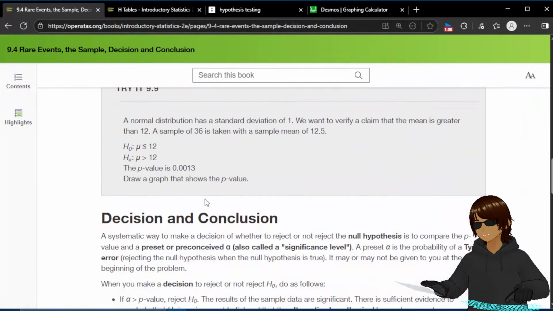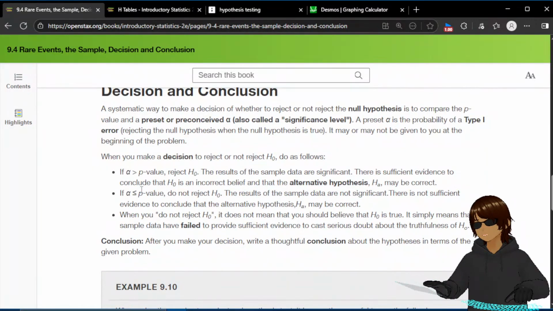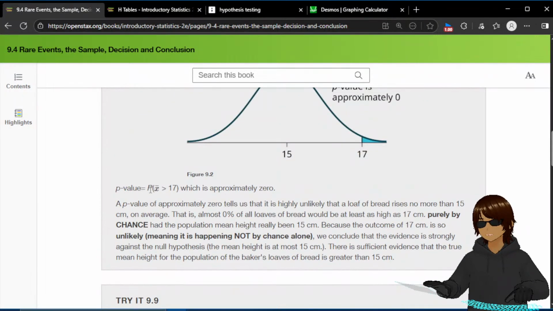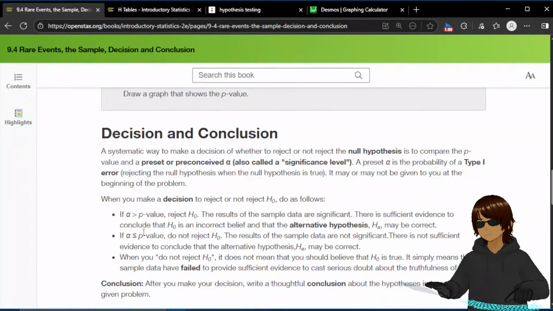Okay, in our example, the p-value was very high. Wait, no. The p-value was approximately 0. But alpha was higher than the p-value, right? How do we calculate alpha?